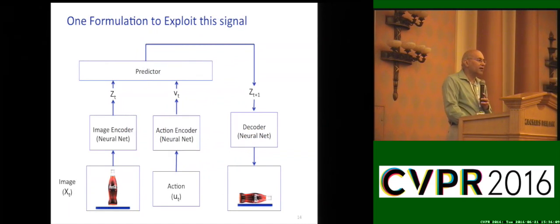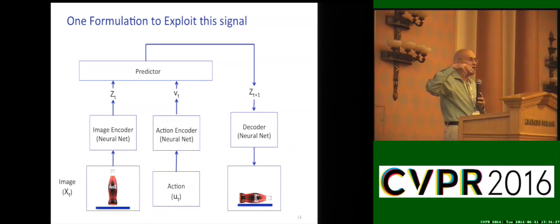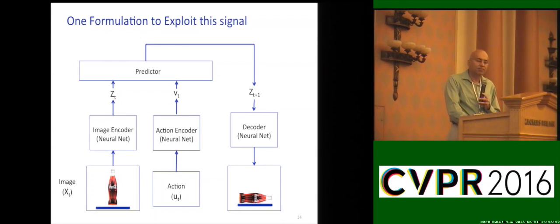So let's try to be a bit more precise. How can we exploit this knowledge? So one way to think about it is that we perform an action and then we see what is the result. So there's an initial state, which is this upright Coke bottle. There's some action that we perform. The action is chosen by me, so therefore I know the parameters of that action in some internal representation.